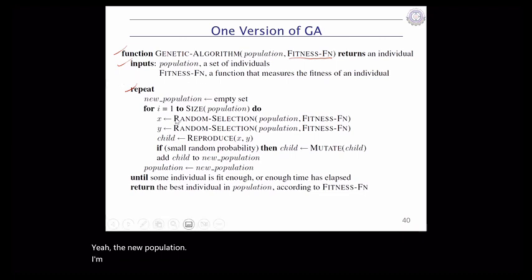The new population starts as an empty set, and for i equal to 1 to size of the population, do: x is a random selection from the population with the fitness function, y is a random selection from the population with the fitness function.